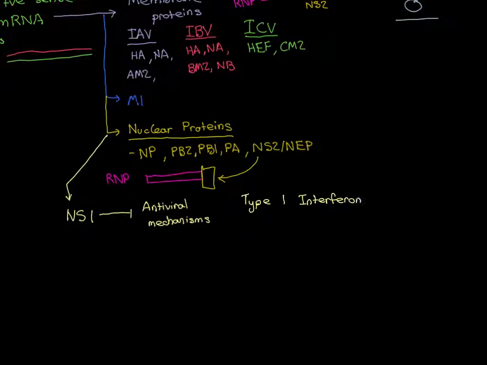So, type 1 interferons. Now, the type 1 interferons are not as famous among medical students and biology students as another interferon. The famous interferon is interferon gamma, which is the one that T helper 1 cells can release, which gives macrophages the power to be utterly ruthless with trying to destroy pathogens.